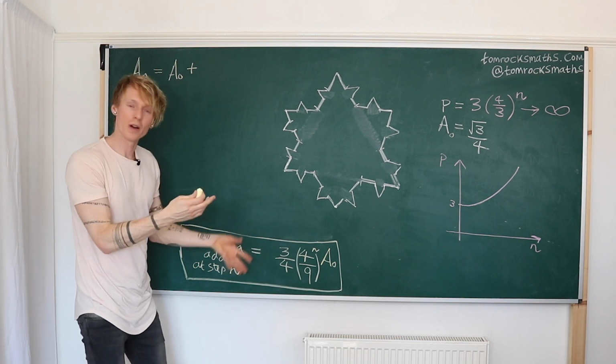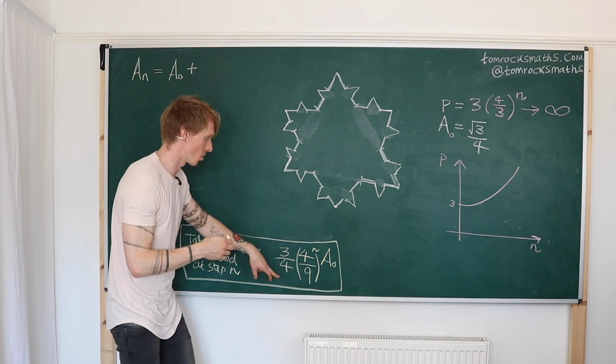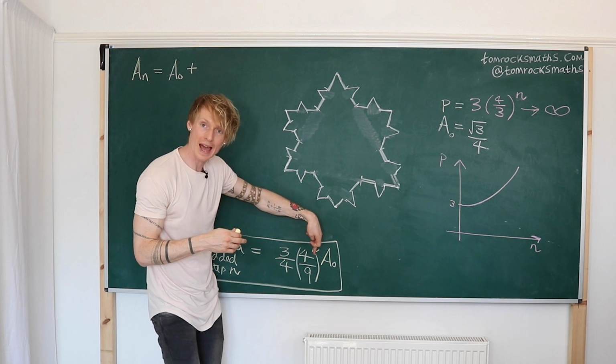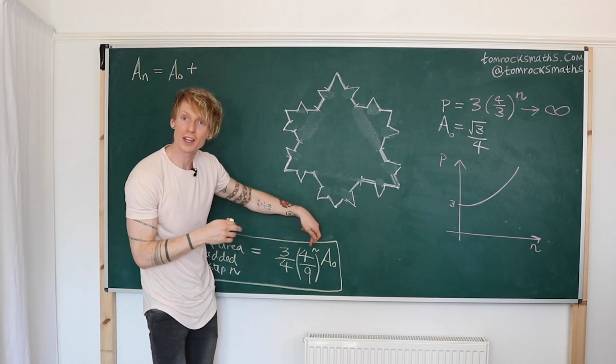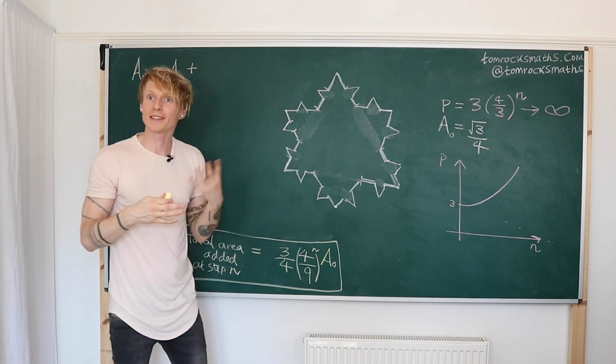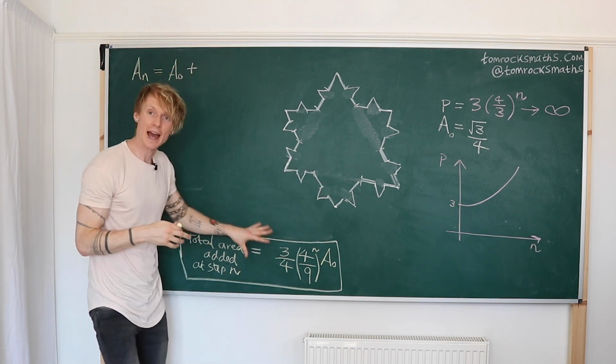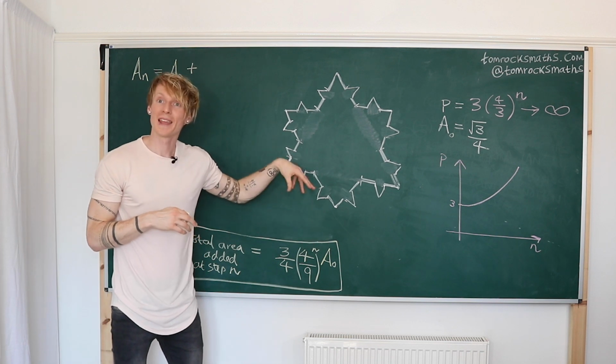Then at step 2, we add in another 3/4 times 4/9 squared times A0. Then at step 3, this is replaced by a cube, and we carry on like this until we get to the amount added at step n, which has the power n.